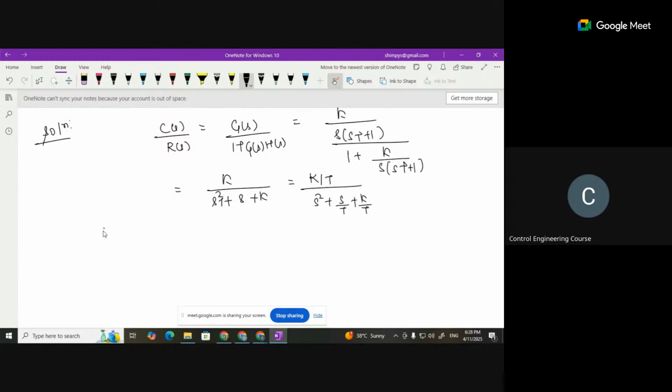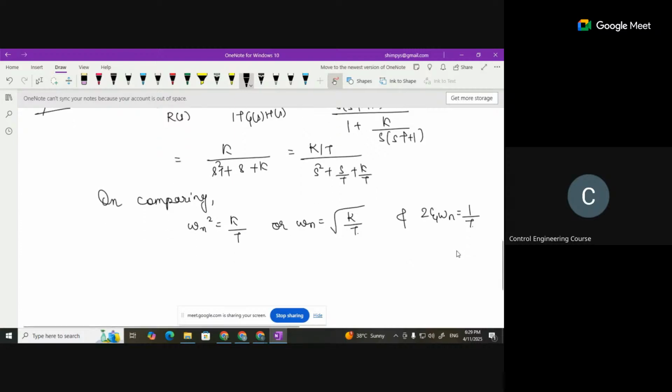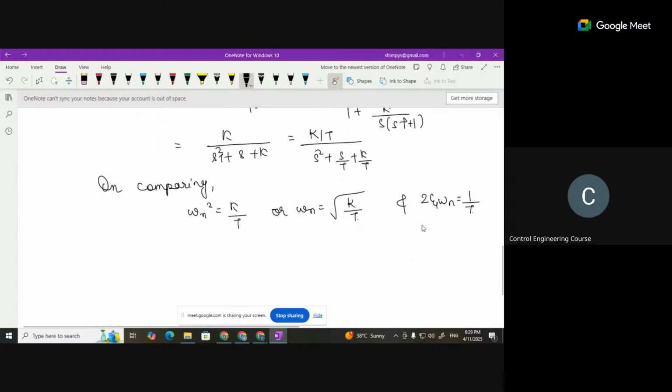So on comparing with the standard form, what I'll get? Omega n square will be K by T, or I can write that omega n is root over K by T. And 2 zeta omega n is 1 by T. So from here, can I write zeta equals 1 by 2 omega n T?